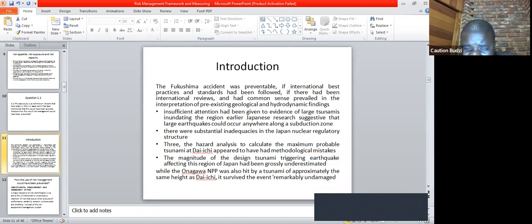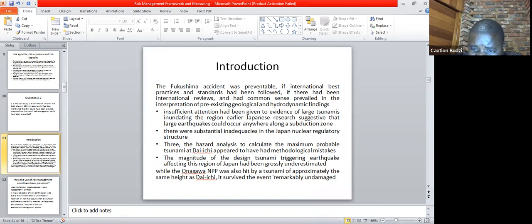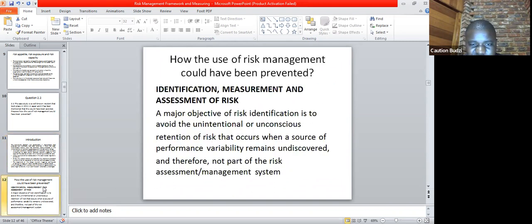Also, the magnitude of the design tsunami triggered by earthquakes affecting this region of Japan had been grossly underestimated. Like I said, these guys already knew of the riskiness of the region in terms of tsunamis and earthquakes, but they were not implementing adequate risk management strategies to manage or to avoid the occurrence of this disaster.